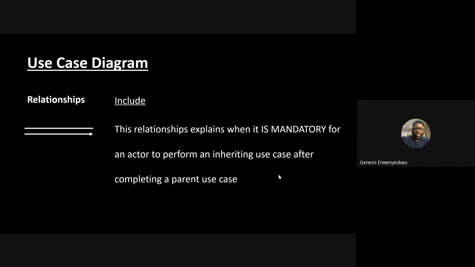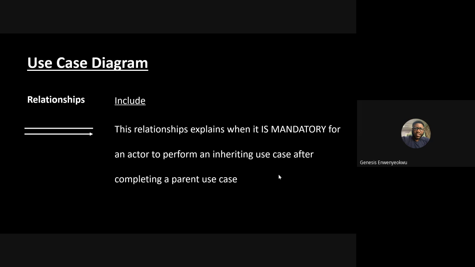It means it is mandatory for you to complete that action before the parent use case can be considered complete. If you do not verify your email address, your account creation would not be considered complete. In such scenarios, whereby you must perform the inheriting use case in order to complete the parent use case, that is where we use the include relationship.